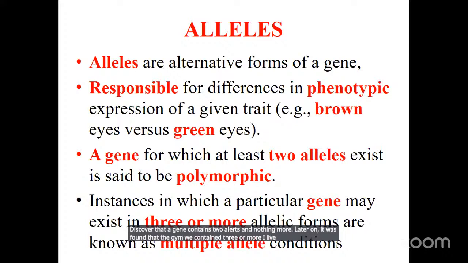And in such a case, we call it multiple allele condition, when a gene contains more than two alleles. So this is just for our information. We are not going deeper into this, because this is some advanced genetics, which we come to know as we progress in our studies.